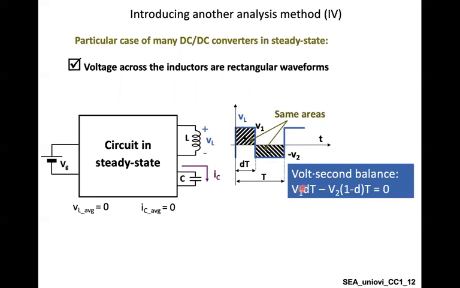So V1 d t minus V2 (1 minus d) t should equal 0, which means the area here and the area there are equal. So the wider the time, the lower the voltage. The lower the time, the higher the voltage.